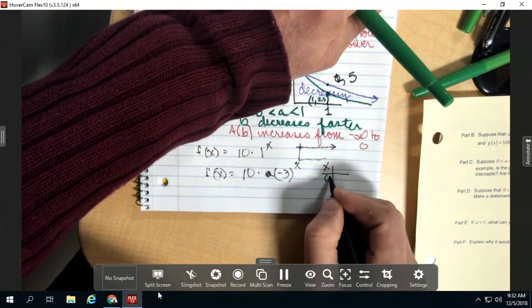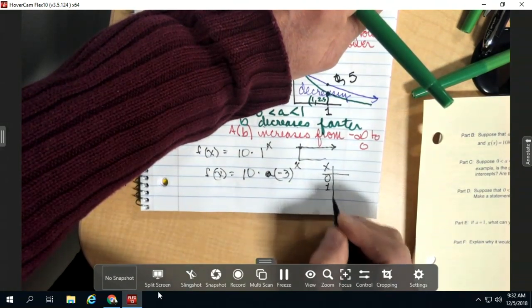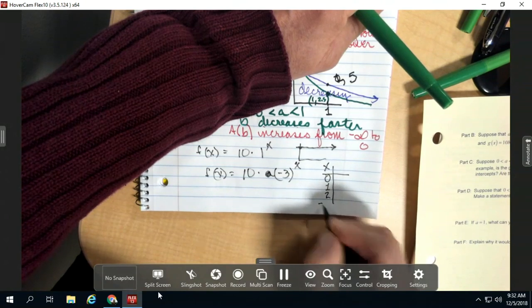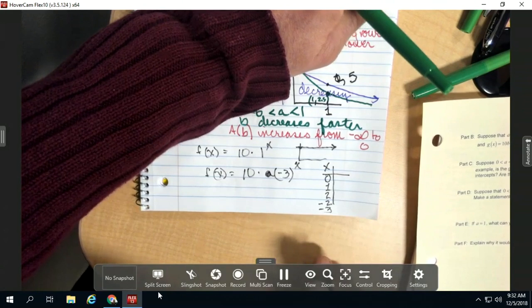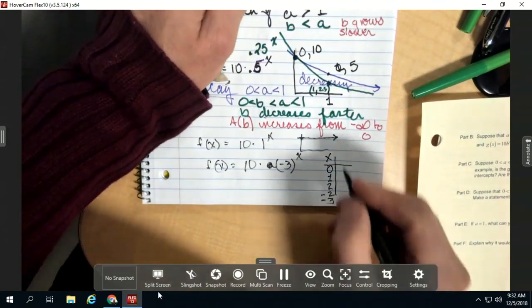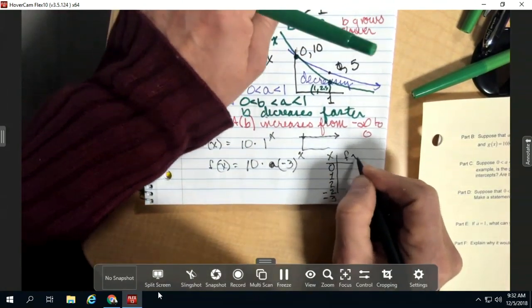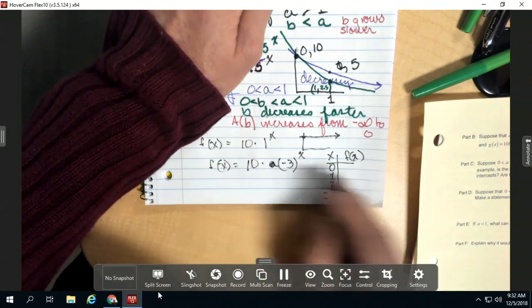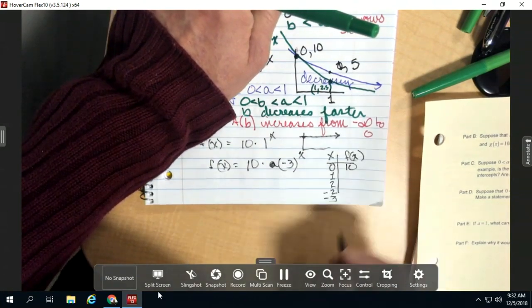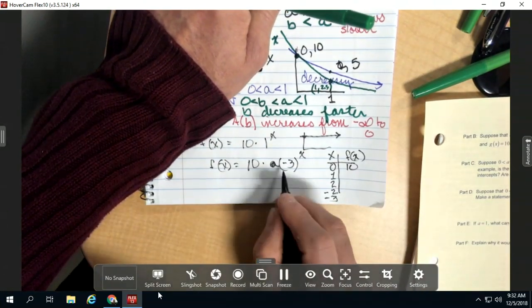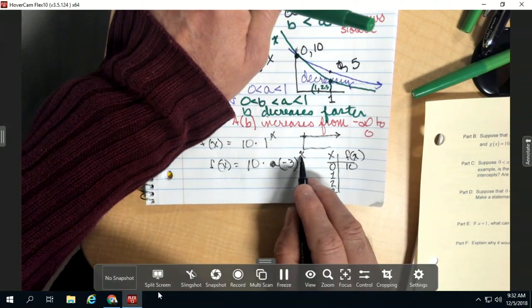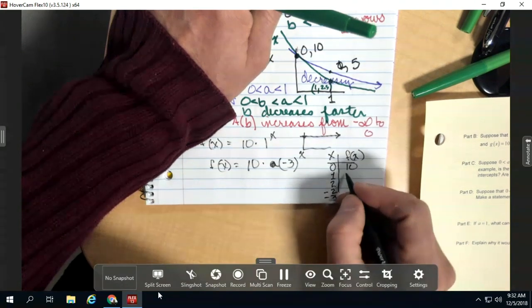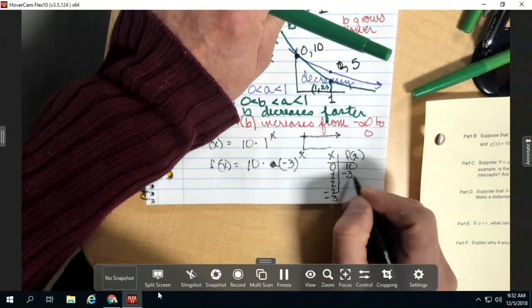X is 0, x is 1, x is 2, x is negative 2, x is negative 3. Let's just fill in that table of values. So what will our value be? Well, at 0, we're up 10. We already know that. But what's going to be true at 1? Negative 3 to the first is negative 3 times 10 is negative 30.